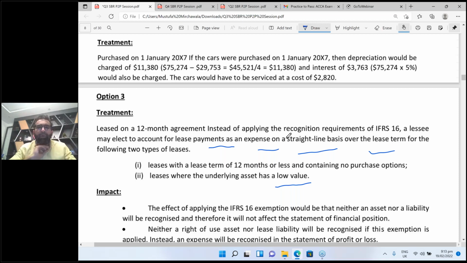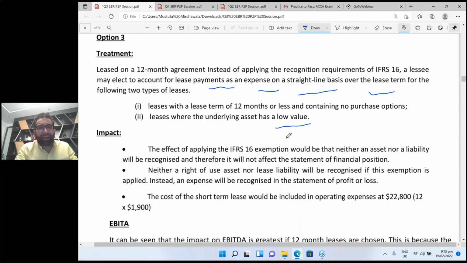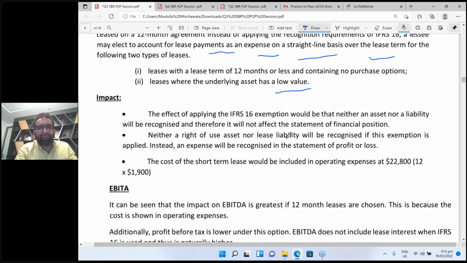Now, impact. Listen. The effect of applying the IFRS 16 exemption would be that neither an asset nor a liability will be recognized. If you apply the exemption, then no ROU, no lease obligation, nothing in the statement of financial position. Instead, an expense will be recognized in the profit and loss.